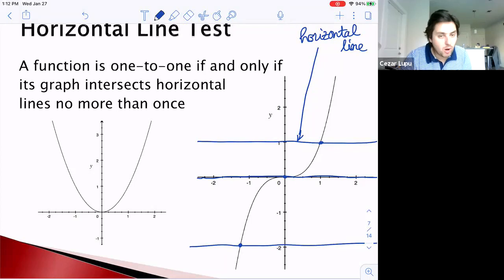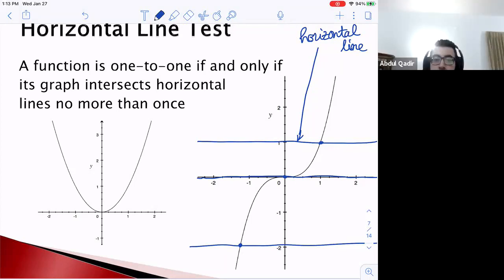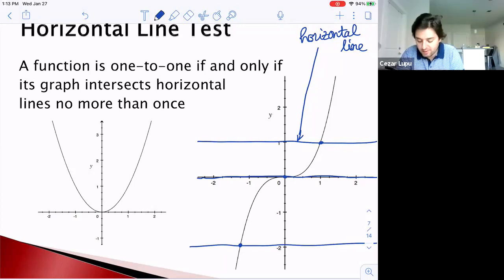Well, I'm asking about a horizontal line. Once, right? Of course, if I'm taking 10 horizontal lines, they will intersect the graph, but it doesn't intersect more than once.